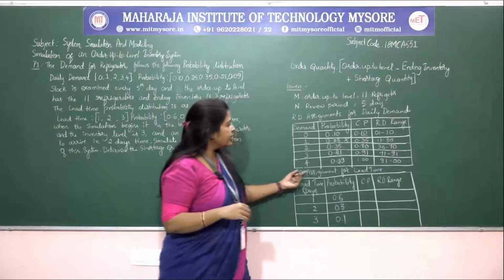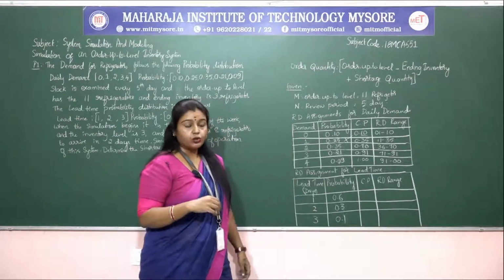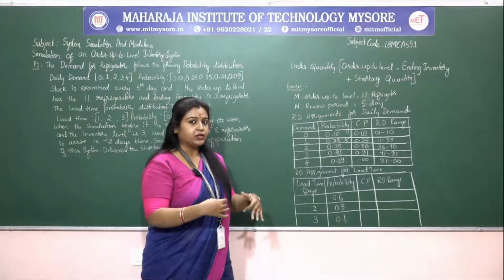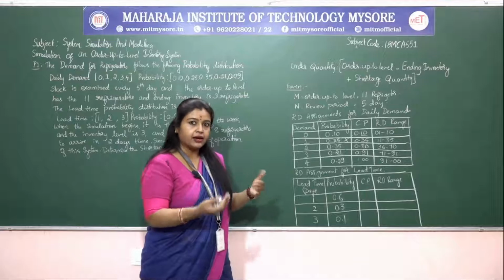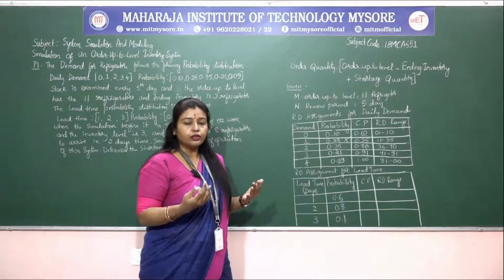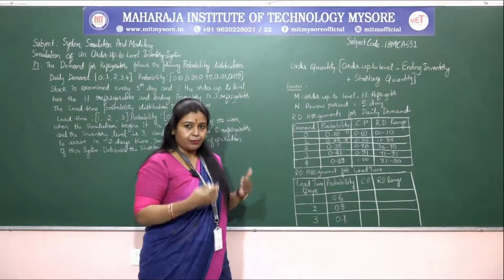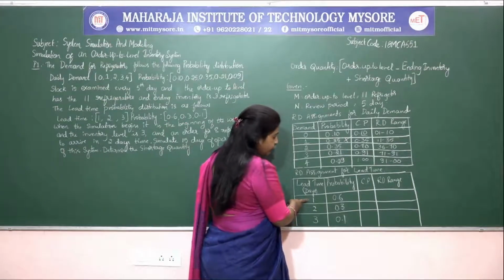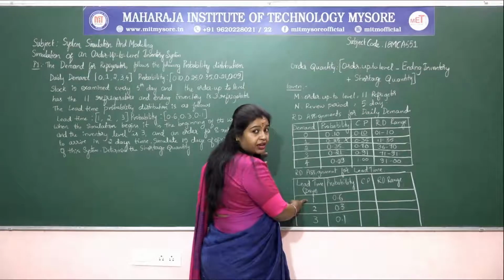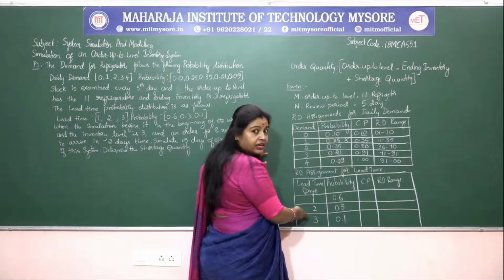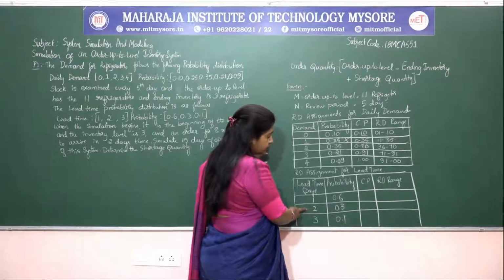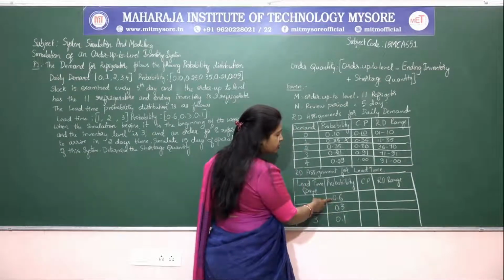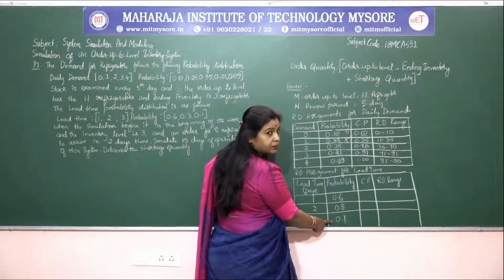Okay, next is the RD assignment for lead time. That is when a particular order will arrive, that is, after how many days whatever we have ordered will come back. So that is the lead time. For that, how many days? It might be 1 day, after which he may get the stock he has asked for, and then 2 days or 3 days. The probabilities they have given are 60%, 30% and 10%.